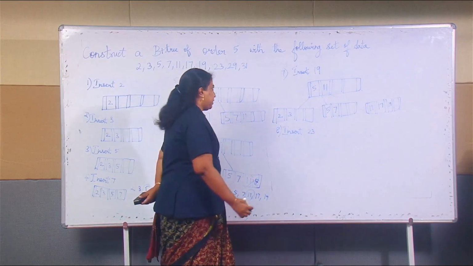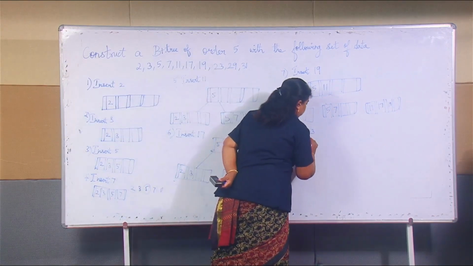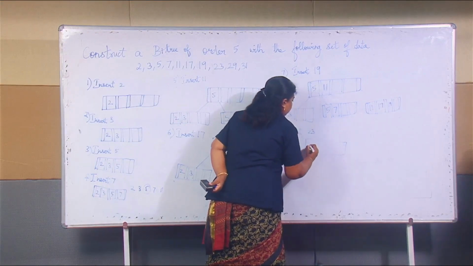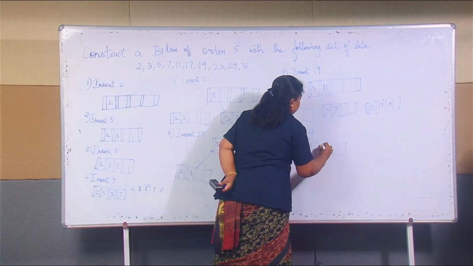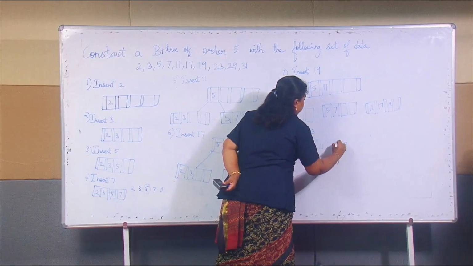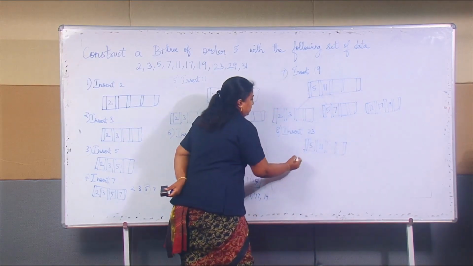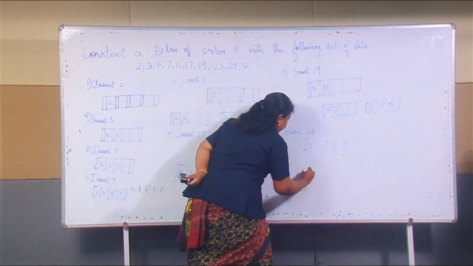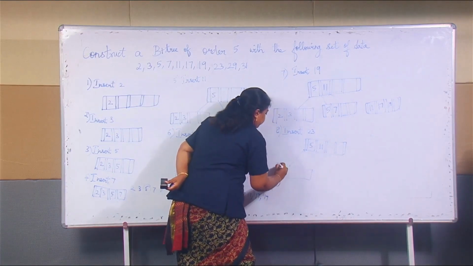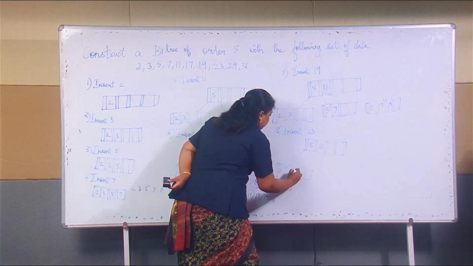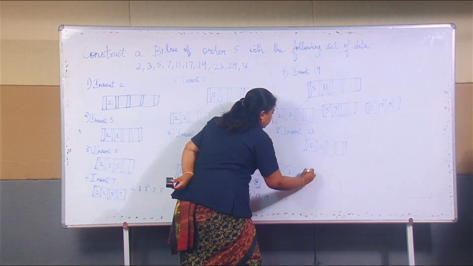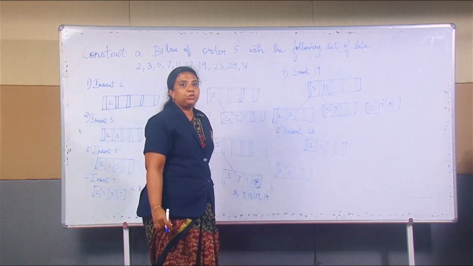We have 5 and 11, and on the left hand side of 5 we have 2 and 3.